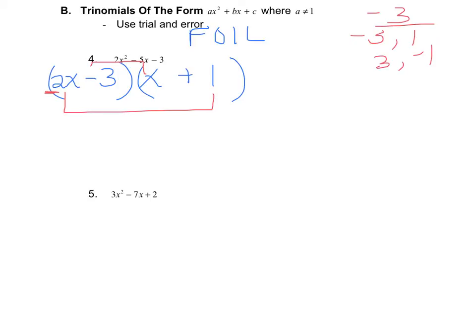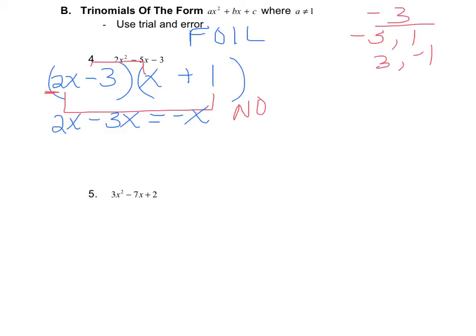So 2x times 1 is 2x, and a negative 3 times x is a negative 3x, and if I combine them together, I get a negative x. Is that what I wanted in the middle? No, I wanted a negative 5, so it didn't work. So I tried and I erred. So I'm going to have to try again.